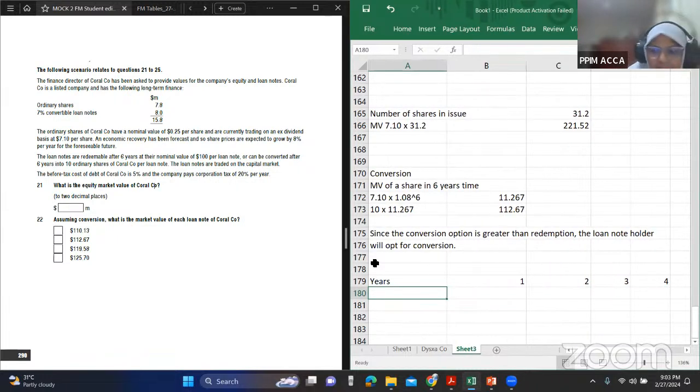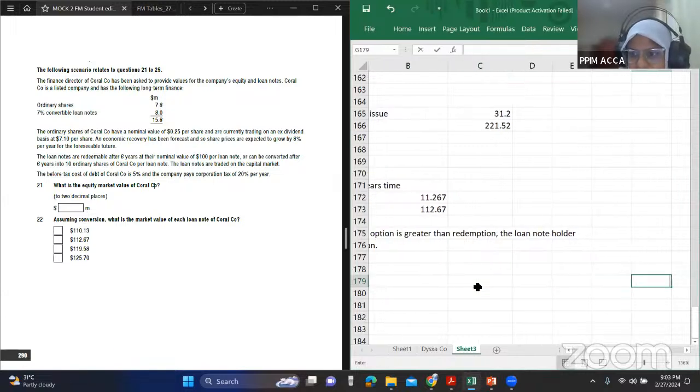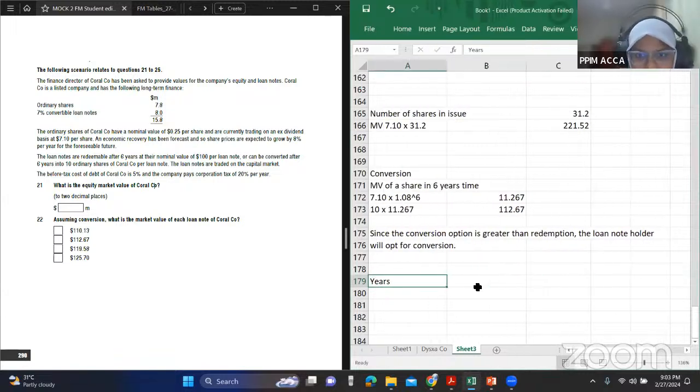Sorry, not an IRR. They're asking for market value, so you don't need an IRR. I mean, it will be an IRR style calculation, but you don't have to take 2 discount rates and things like that. I'll show you how it's done quickly. Because if it's the cost of debt, then you need IRR. This is market value.